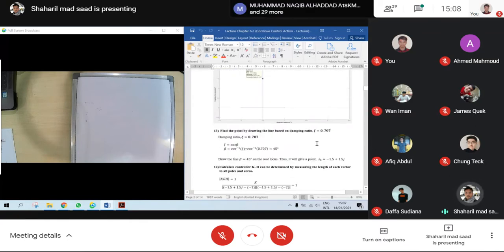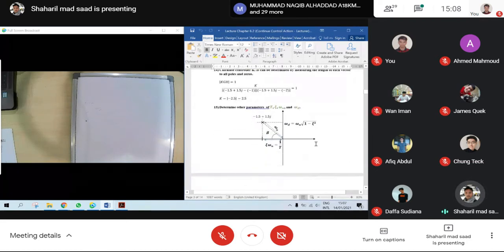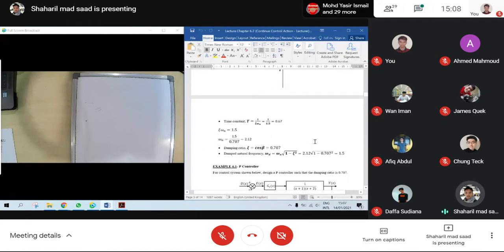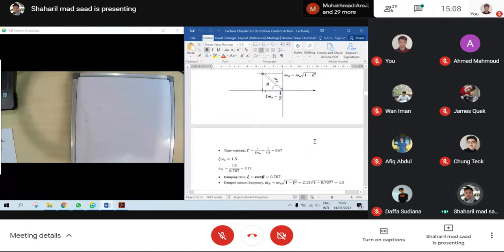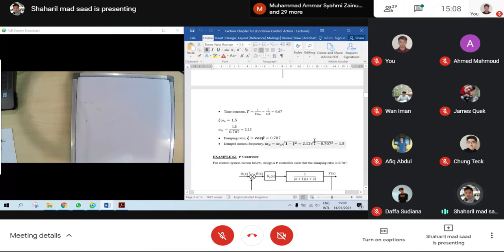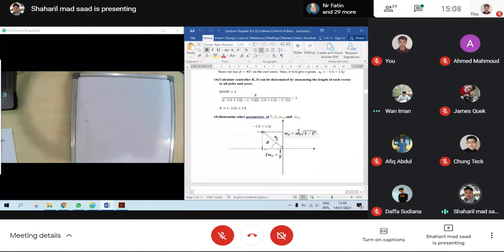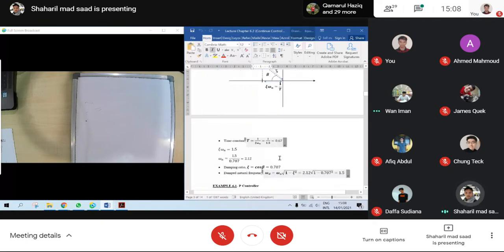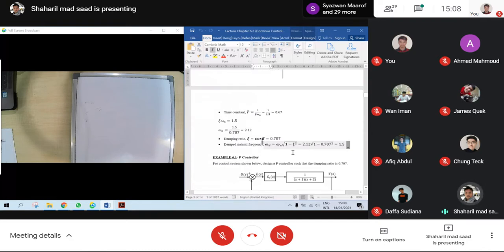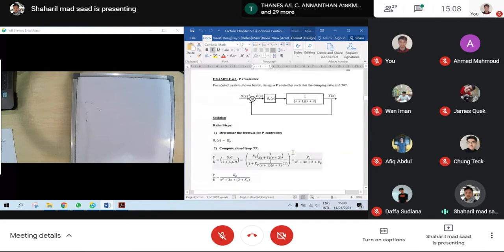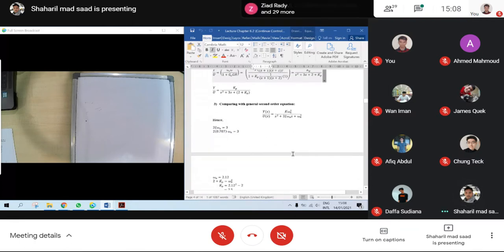Okay, and then after that you can get the K value that produces the damping ratio of 0.707. From the K value, you can get the roots, and the roots will tell you the performance of the system in terms of time constant, natural frequency, and damped frequency.